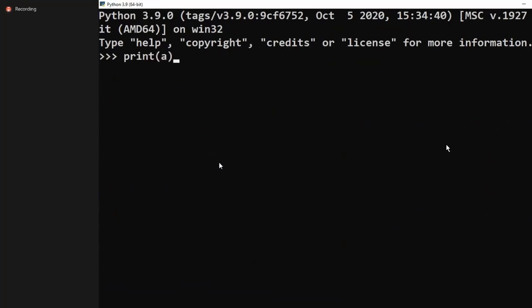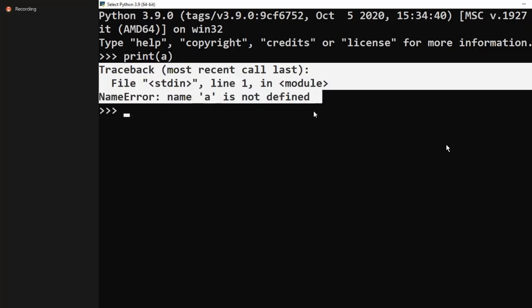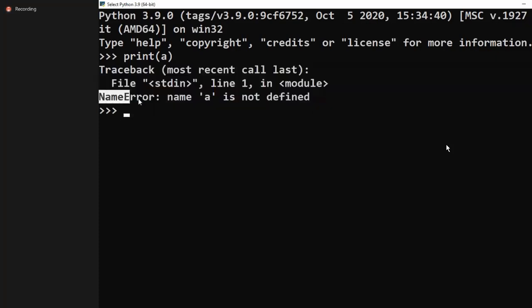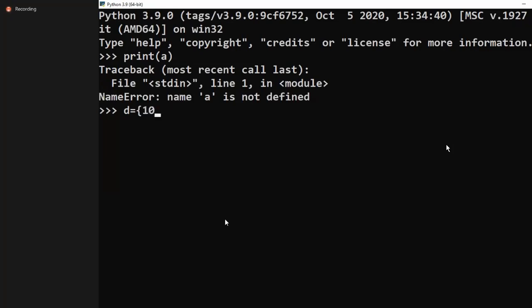Next I will write D is equal to a dictionary object, I am creating {10: 'apple', 20: 'kiwi'}, something like this. Now print of D, and D of 30, I am writing 30. Do you have 30 here? 10 is the key, 20 is the key.